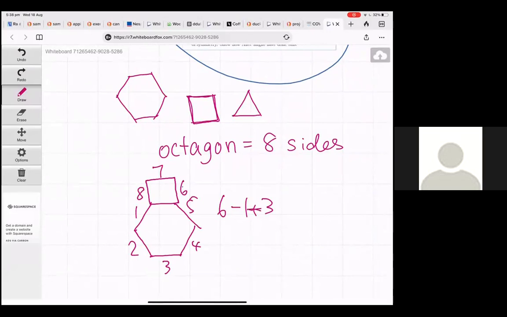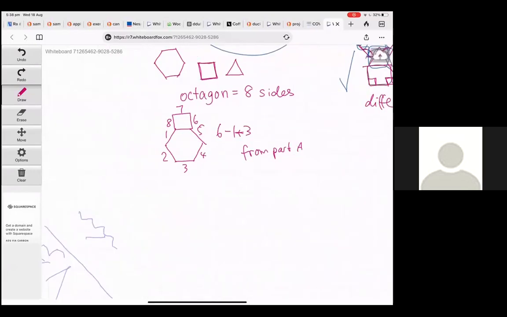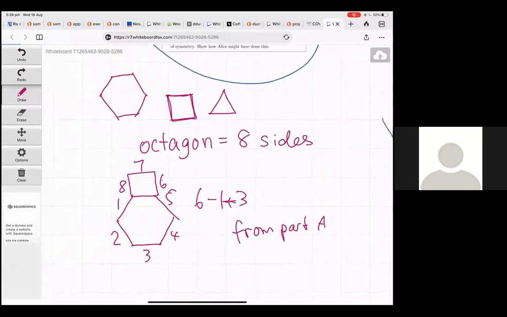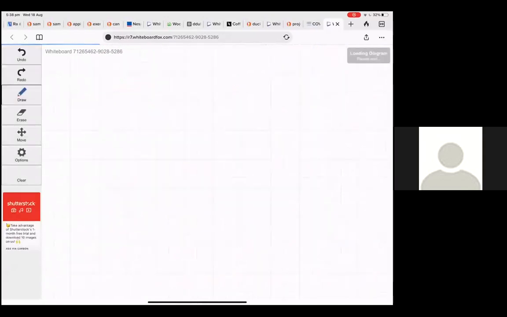Why is my computer so weird? Like I just see below the shapes, I just see an O. Really? What's wrong with me? Maybe I need to refresh. I only see an O there.